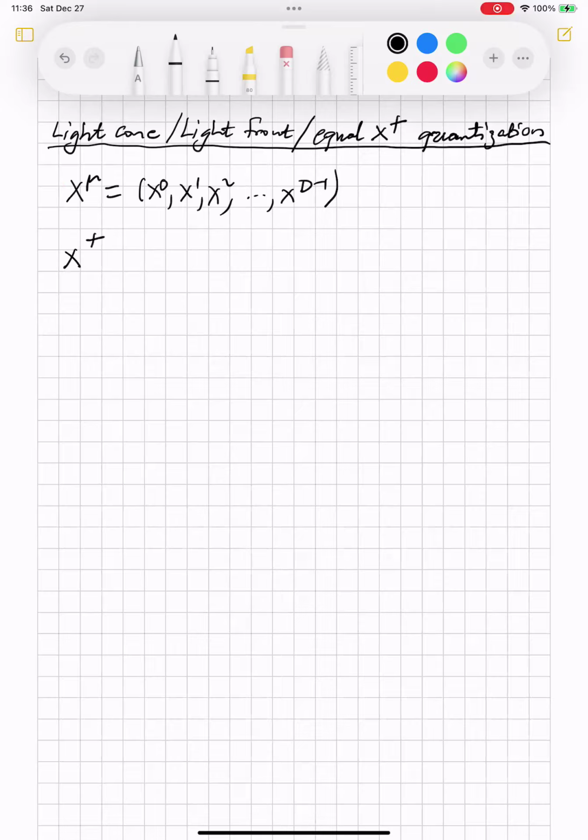So this is x plus minus, and x plus minus is defined by x naught plus or minus x d minus 1 over square root of 2. So there are two coordinates. And then we would also use xa, where a goes from 1 up to d minus 2.